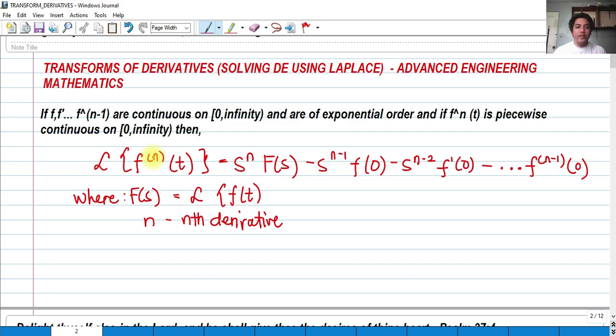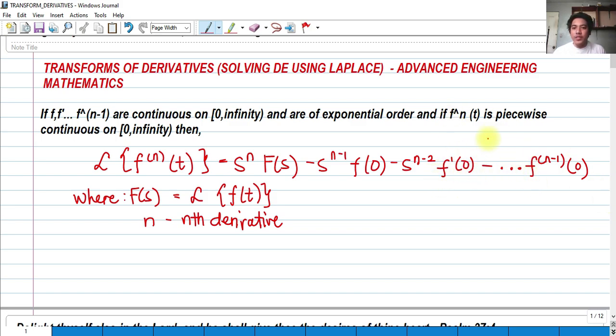It can be first derivative, second derivative, third derivative, fourth, and so on and so forth, of t, is given by this formula or this pattern, where we have s raised to n, and we have F of s, that's the Laplace transform of our f of t, and minus s raised to n minus 1 multiplied by f of 0, or the initial condition given, minus s raised to n minus 2 f prime of 0.